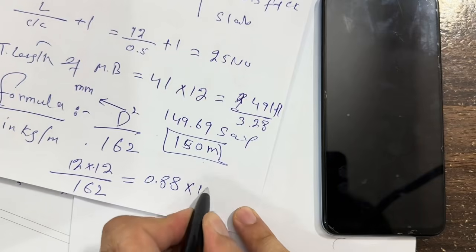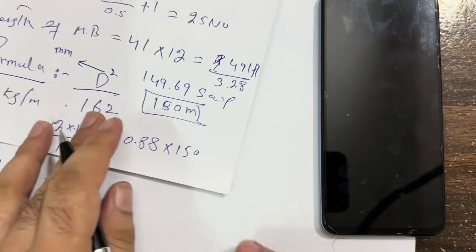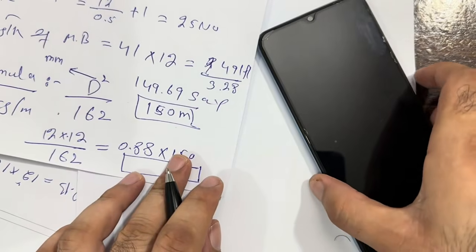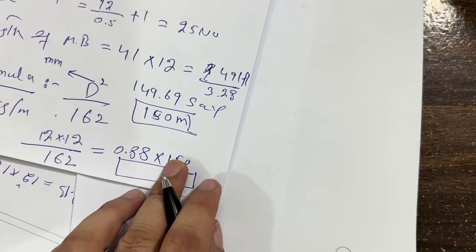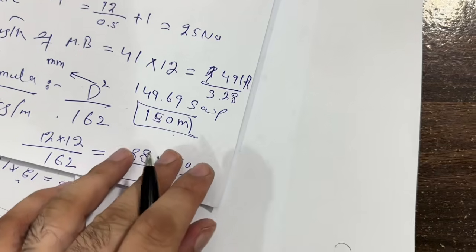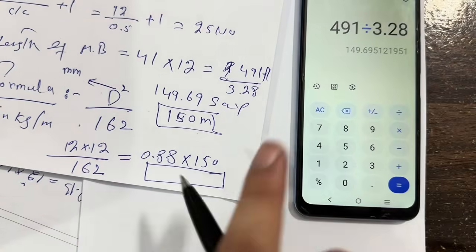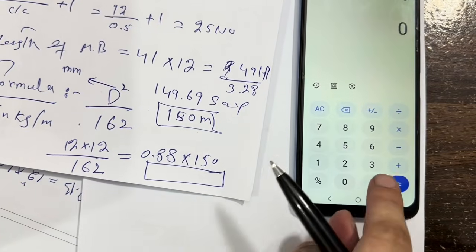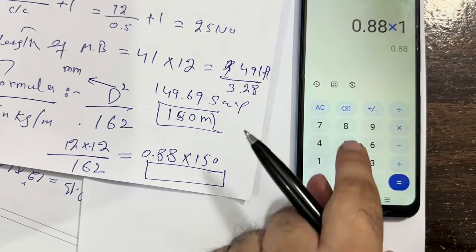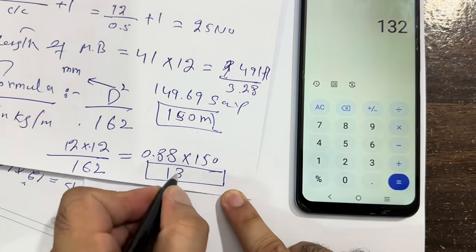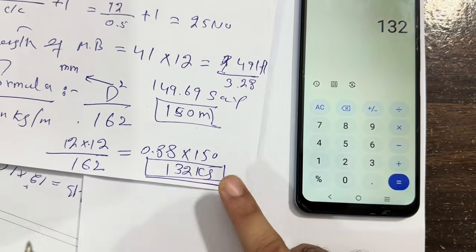Multiply by 150, so you will find the total weight in kg. 0.88 multiplied by 150, so you can see clearly we required 132 kg of steel for main bars.